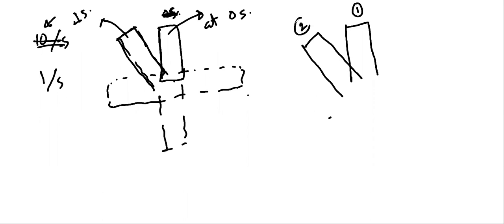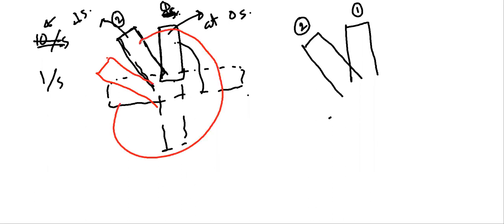This is at position 2. After 1 second, according to the rotational speed, this will be at this location. From there to there, it will elapse 1 second, and in the third case, it will be there.